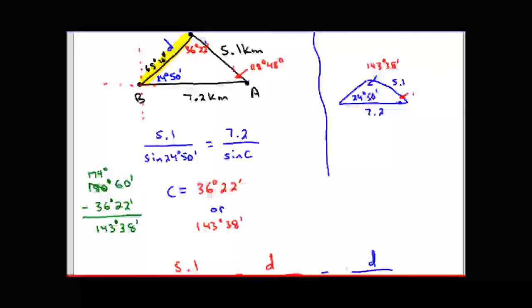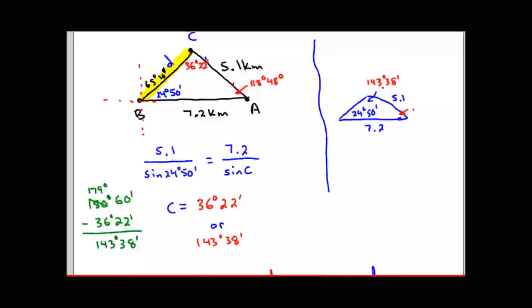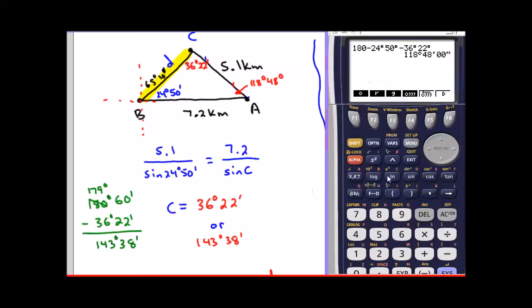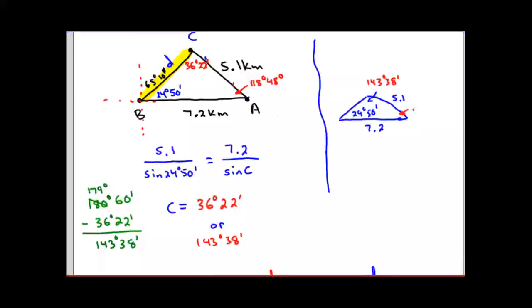Okay, so in the other triangle, if this is 143 degrees, 38 minutes, then I'm going to have to do the same thing here. When I subtract it out, this 36 degrees, 22 minutes becomes 143, 38.